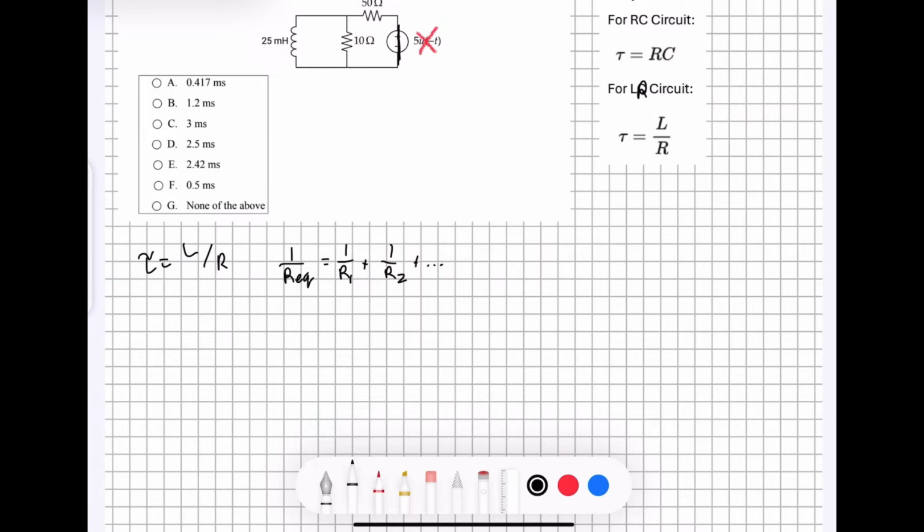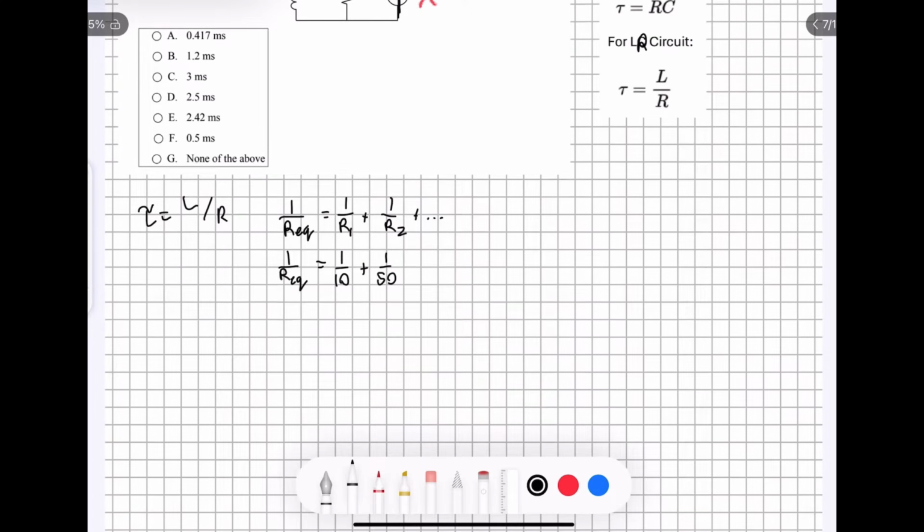Because we only have 2 in parallel, 1 over our equivalent resistance is going to be equal to 1 over 10 plus 1 over 50. If you solve this equation, you're going to get the equivalent resistance is equal to 25 divided by 3 ohms.